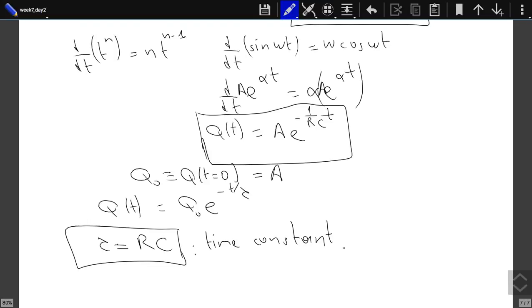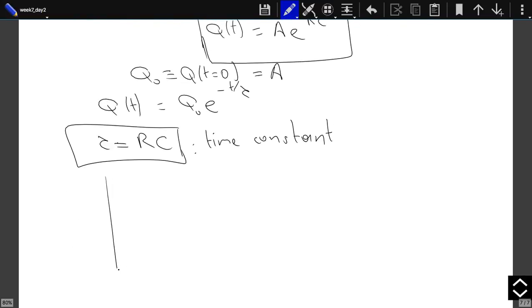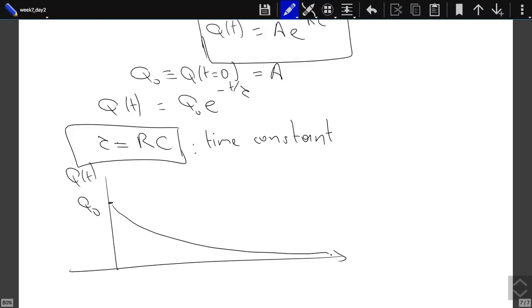You see, this is what we do to discharge a capacitor. If you just connect the two plates of a charged capacitor, it becomes discharged. Its charge just moves and neutralizes itself. And as a function of time, if this is Q0, it just goes to 0 quite fast. The larger the tau, the longer it takes to discharge the capacitor.